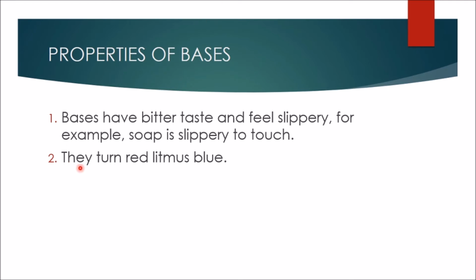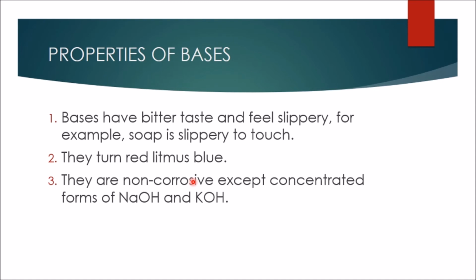Unlike acids, acids turn blue litmus to red, but bases turn red litmus to blue. Again, as I said, litmus is a type of paper. I'll show you in the next slide. They are non-corrosive except concentrated NaOH and KOH. Non-corrosive means bases are not that dangerous, but still NaOH and KOH can be very dangerous if they are concentrated and they fall on your skin.